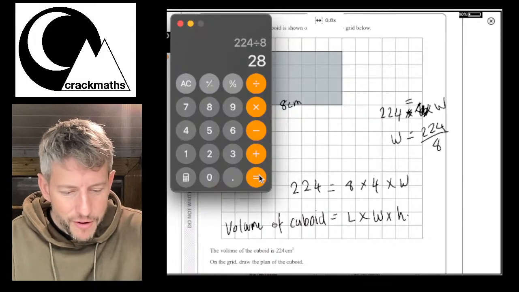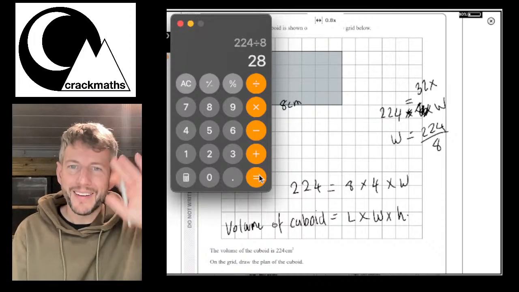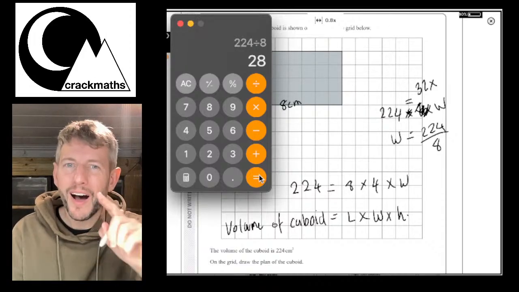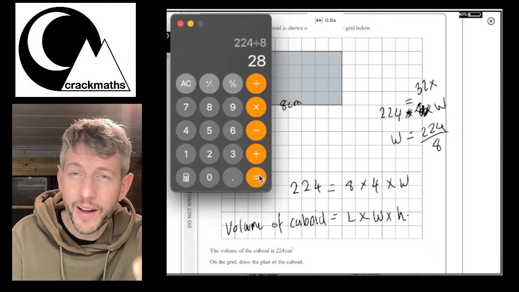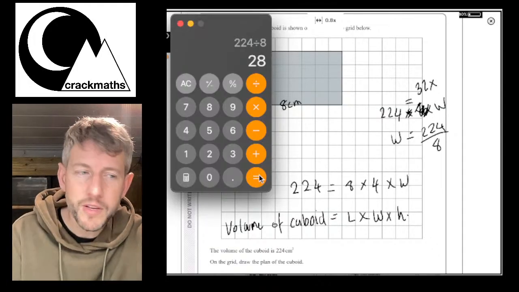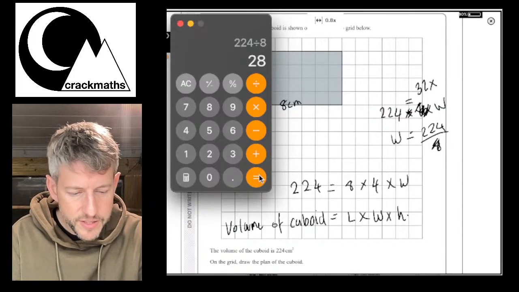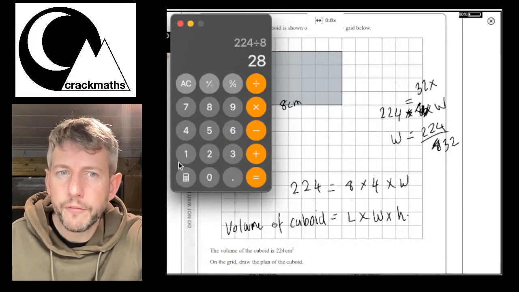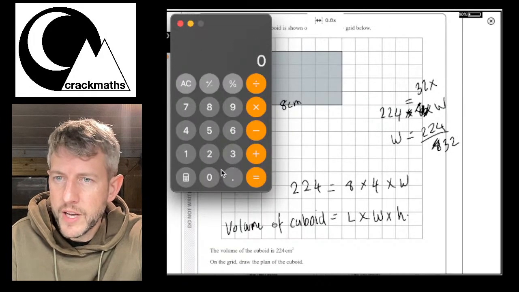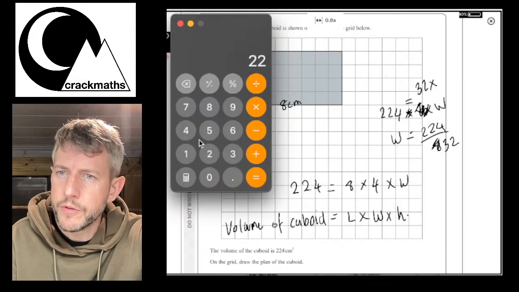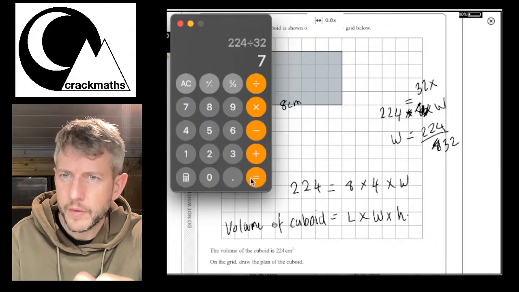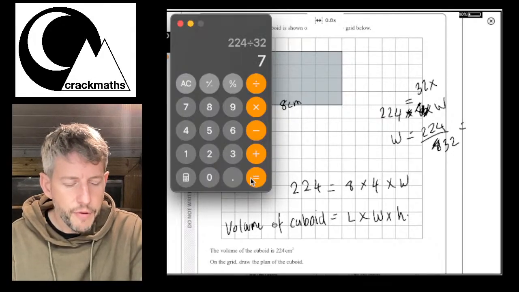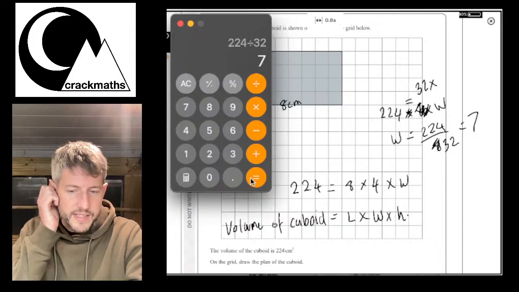Sorry, I meant to write 32. I looked at my first answer and thought, there's no way that I can draw a 28 centimetre line on that piece of paper, so I must have gone wrong. So what we're looking for is 224 divided by 32. So that's 7. So the third dimension of the cuboid is 7.